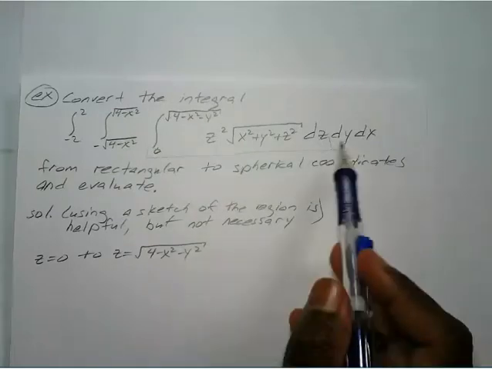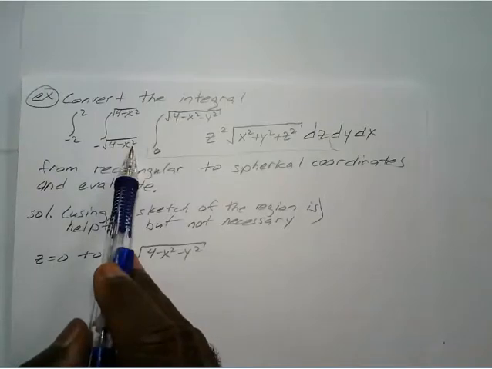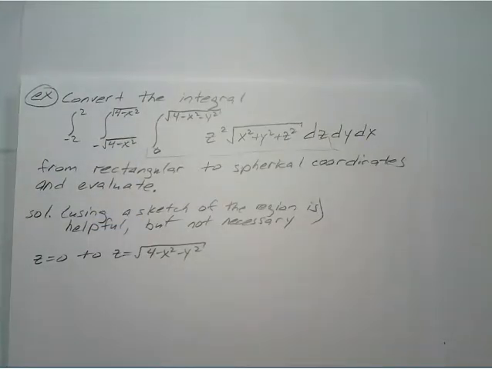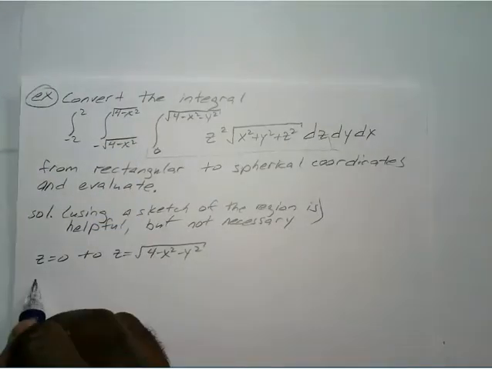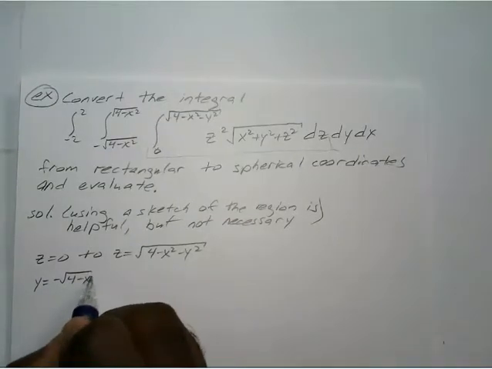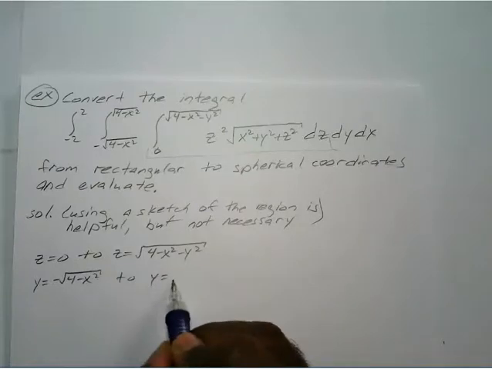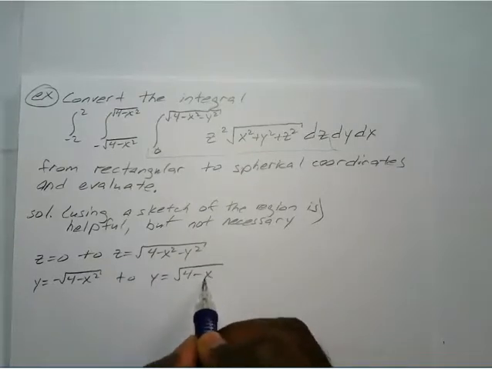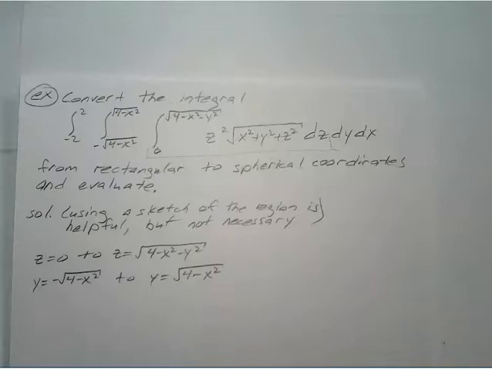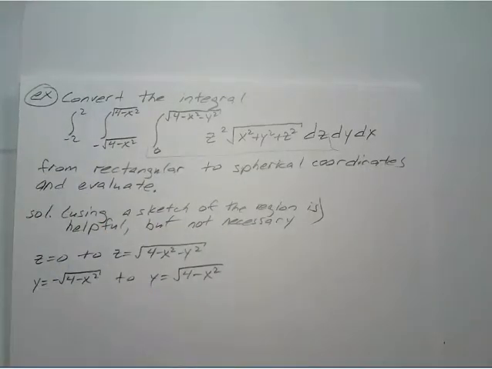Now for our y, we see that y is going to go from negative square root of 4 minus x squared to the positive. Okay, so y equals negative square root of 4 minus x squared to y equals positive square root of 4 minus x squared. And we see our x goes from negative 2 to 2.